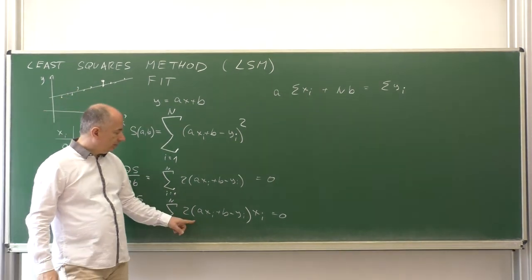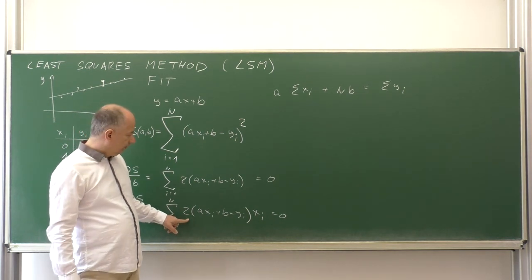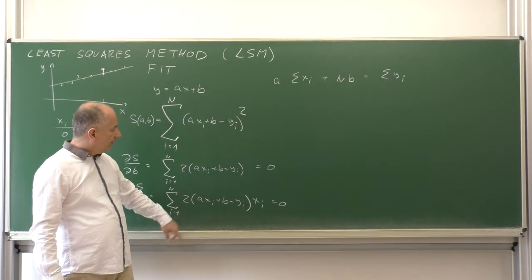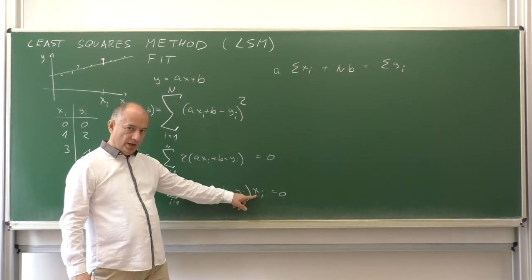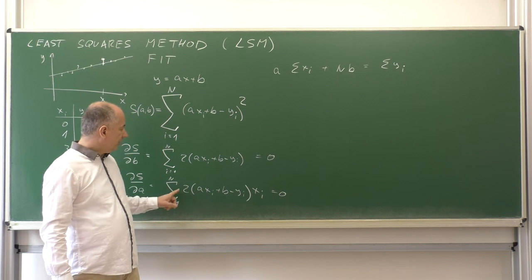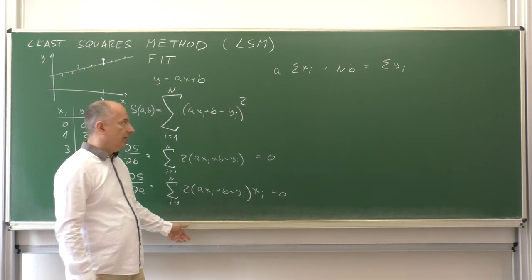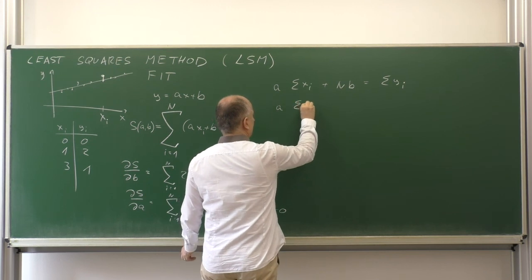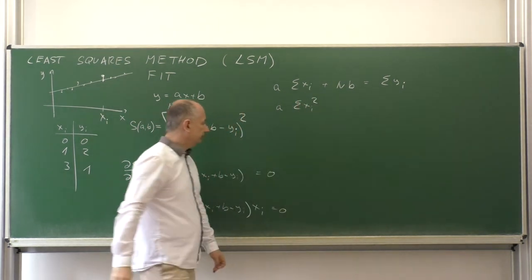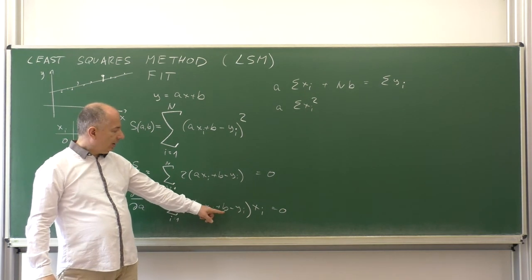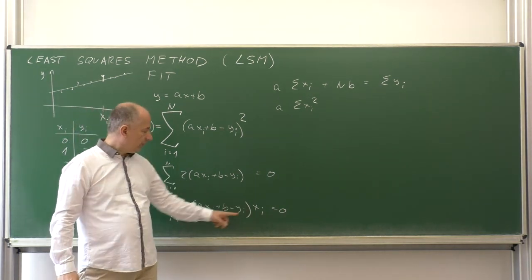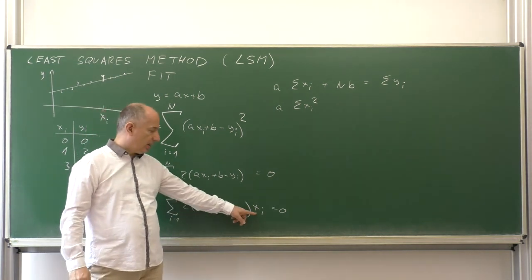And here we can again divide by 2. When we expand this multiplication, we have axi squared. In this sum, we can factor out a, and we have a sum of xi squared. Then b is now multiplied by xi, so we have the sum of bxi.